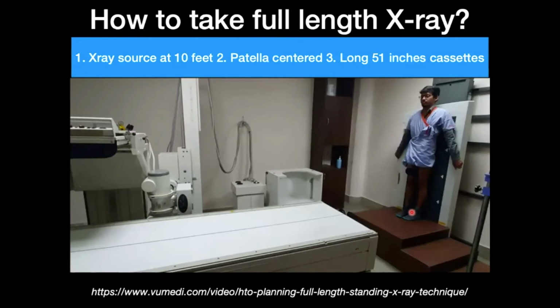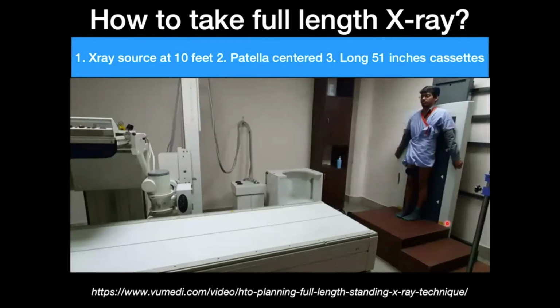Whatever rotation the foot has, it has to be kept so that the patella faces forward. The foot may be placed in internal or external rotation, but the patella has to face forward. The most important thing is a long 51-inch cassette. As you can see in this picture, the long cassette has been placed from the shoulder right down to the feet. This is the prerequisite to take the full length X-ray.